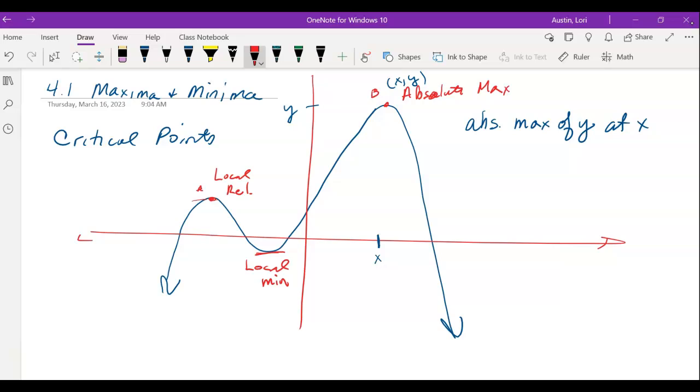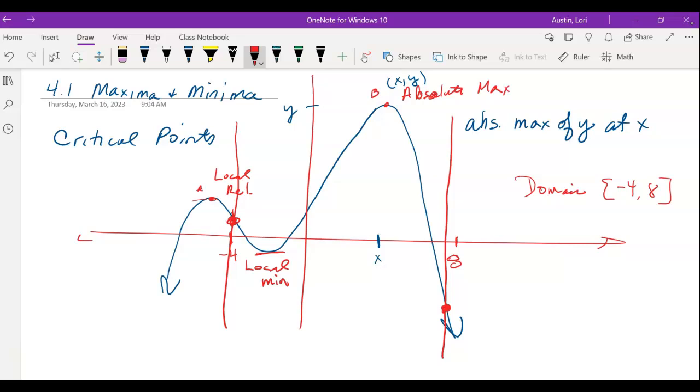And I said, all right, I now only want to look at, I'm making numbers up, obviously, if I restrict my domain to -4 to 8 and no longer go from negative infinity to infinity, does that change any of my max or mins?